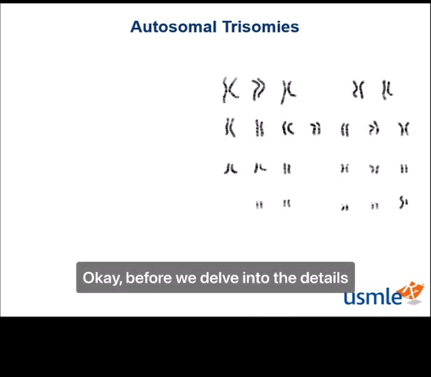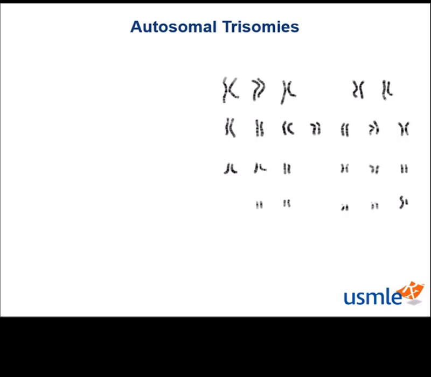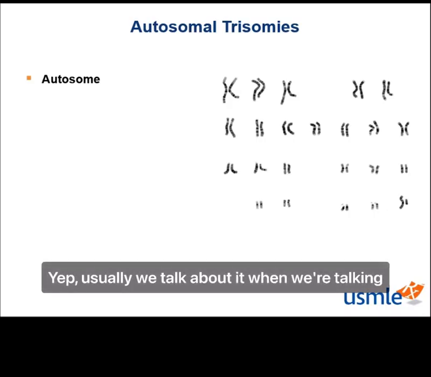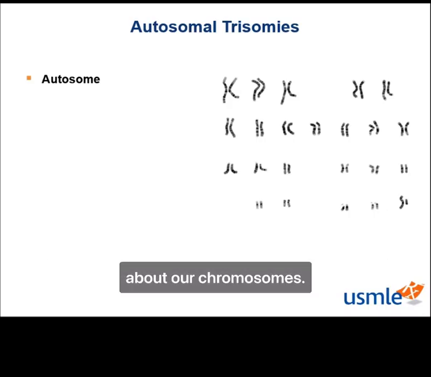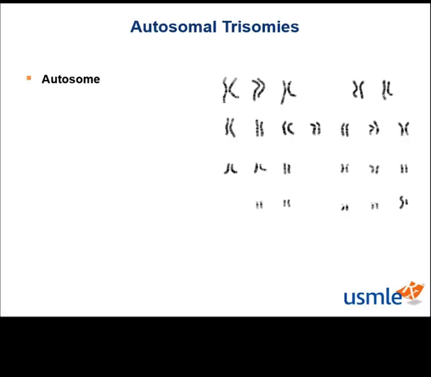Okay, before we delve into the details about autosomal trisomies, we need to review what autosomal trisomy means. When do we use the term autosomal or autosome? Yep, usually we talk about it when we're talking about our chromosomes. We have autosomal chromosomes and we have sex chromosomes.